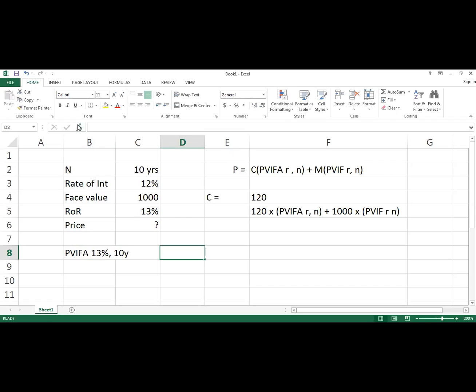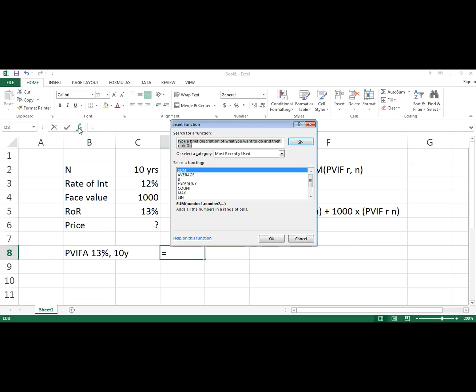I'll just explain to you. Can you see a function button here? Can you see this fx? Yes, sir. So click on fx. The moment you click on fx, a window pops up. When this window pops up, look for financial.